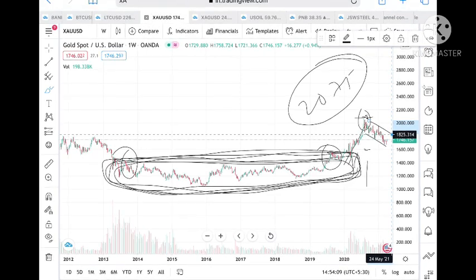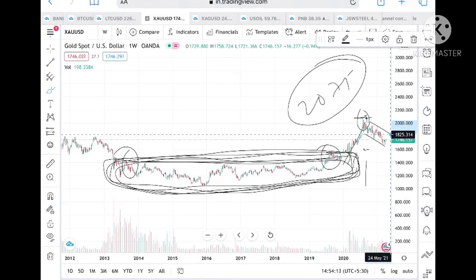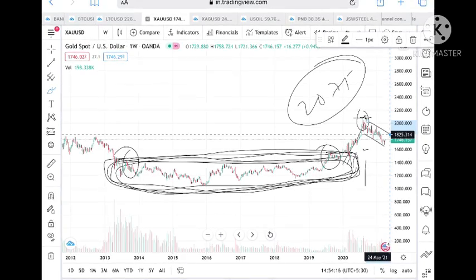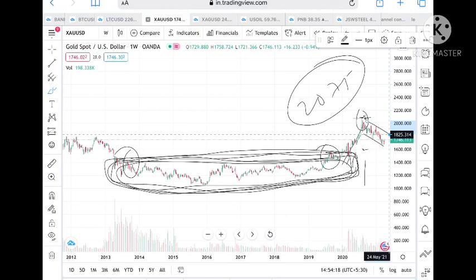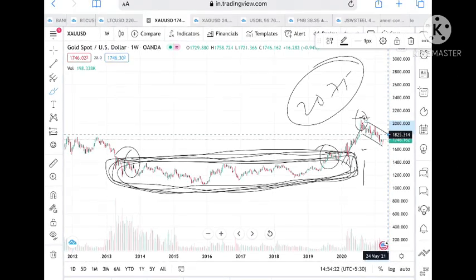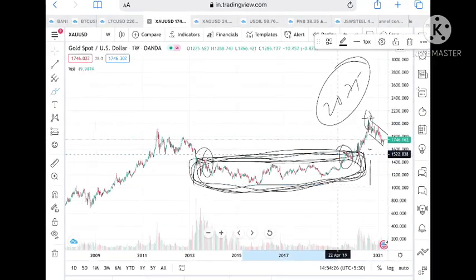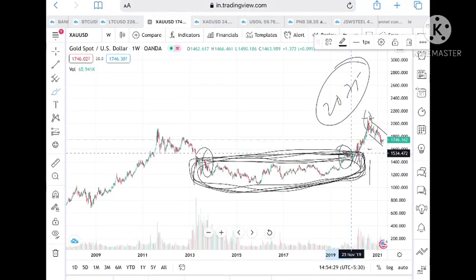Please watch the full video because I'm explaining how the technicals work and how the price of gold can change. See, look at this chart. I have already told that the price of gold in this particular range, after breaking this particular resistance, moved up and made a new high in July 2020.